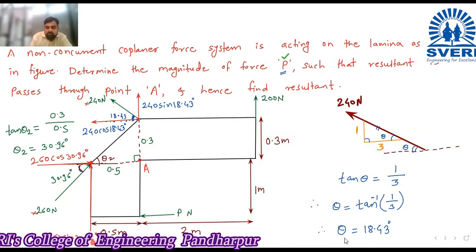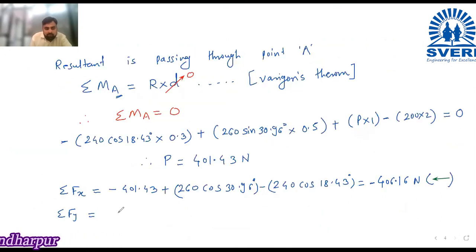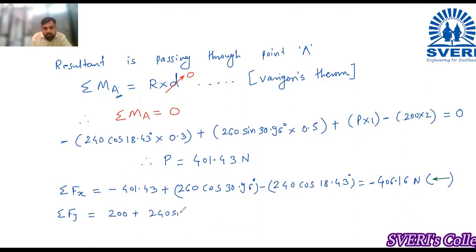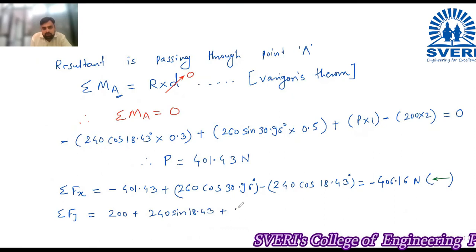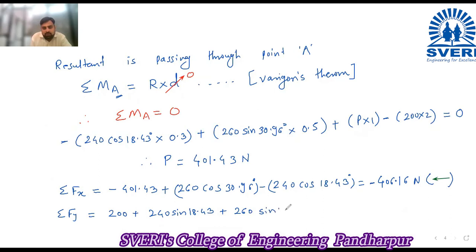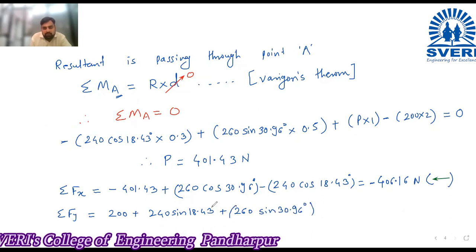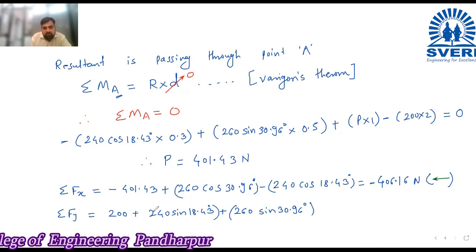All are plus. So I will write here 200 plus 240 sine of 18.43 plus 260 sine of 30.96. If you put the brackets, you will get the correct answer. What is the answer now?